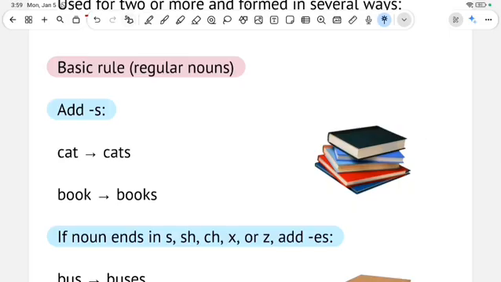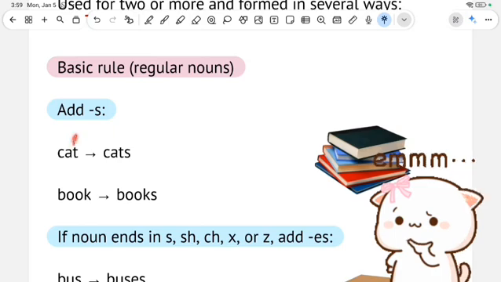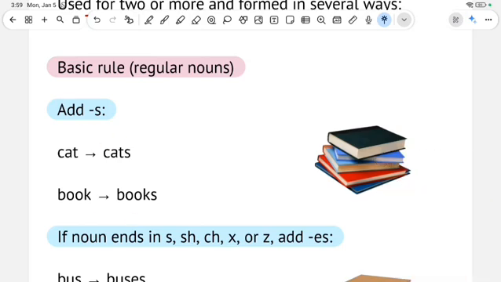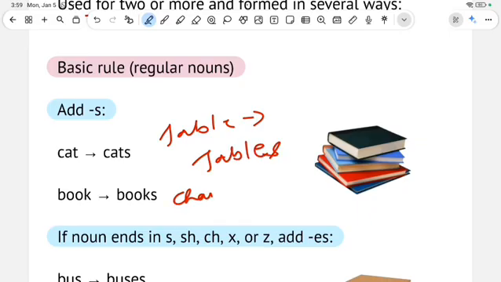So let me clarify it very easily. The basic rule is we have to add s, like cat will become cats, book will become books, table will become tables, chair will become chairs.